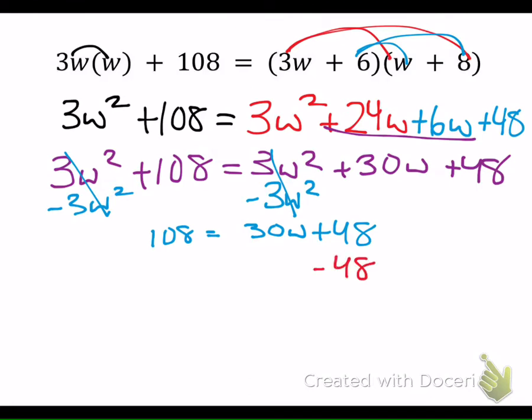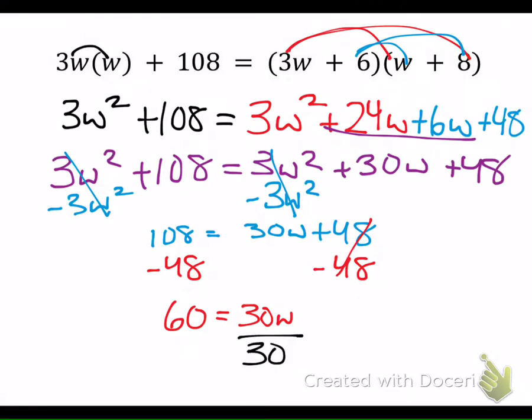Minus the 48 from both sides. So I get 60 equals 30w. So divide by 30. So w equals what? 2.